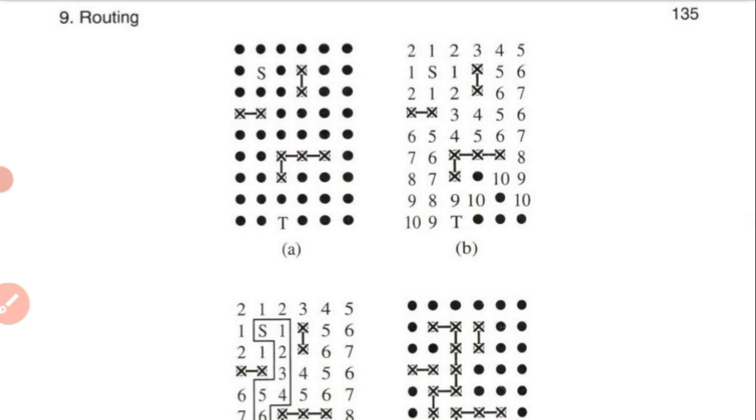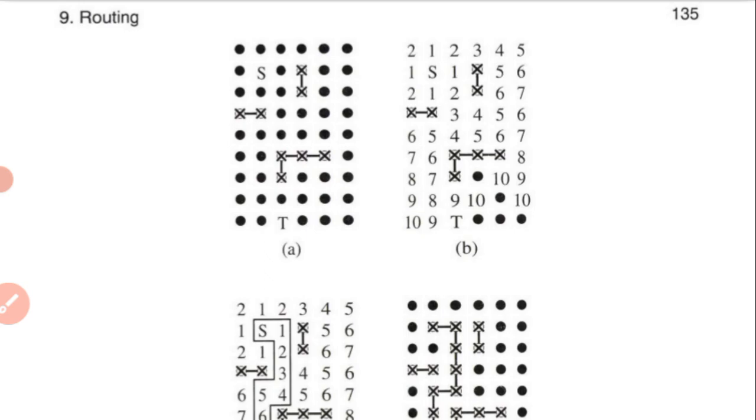In the first figure, the black dots show the empty spaces where we can make the connection, the box with a cross mark shows the obstacle, and there is a source and a target position. So we have to find the path from S to T, right? If a path exists, the algorithm always finds the shortest connection going around the obstacles.